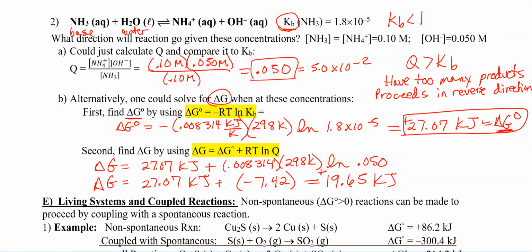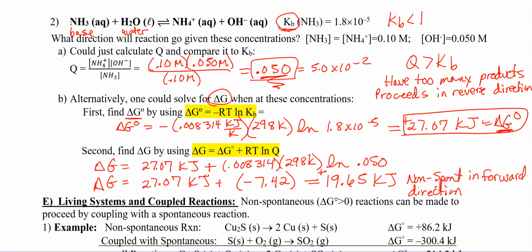So it definitely tells you it's non-spontaneous in the forward direction at these conditions that we're at, right? With being at this Q that was given to us, it's non-spontaneous in the forward direction.